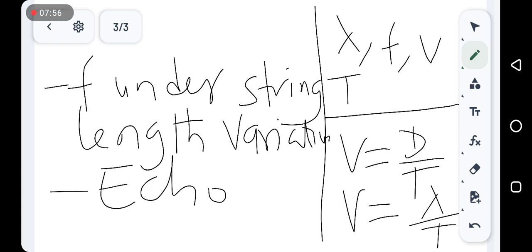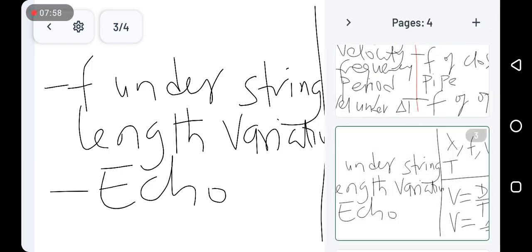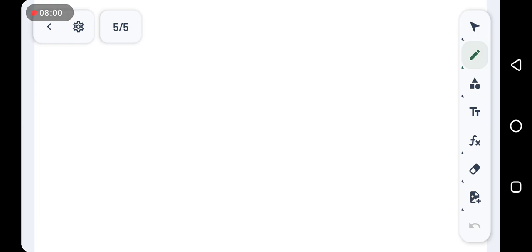Now, frequency is generally regarded as a reciprocal of time. A reciprocal means 1 over that thing.